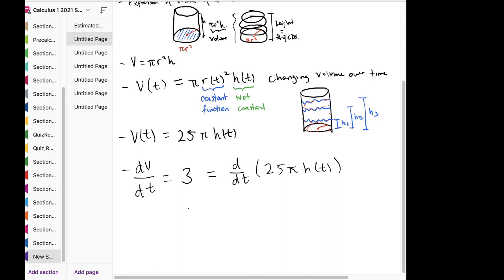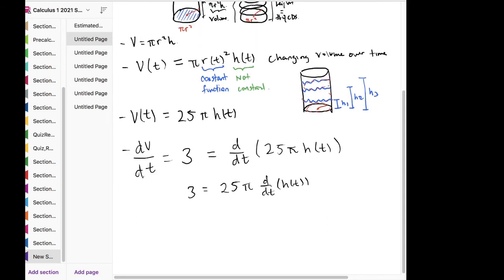We don't know what the derivative is, but it's literally just 25 pi h prime of t, or dh/dt. That's all, right?